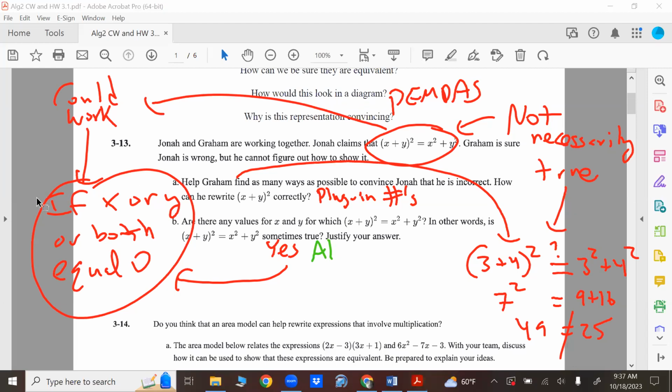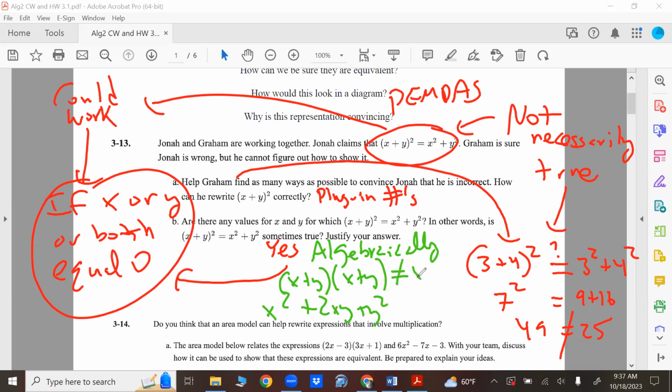Okay, here we go. Algebraically, you have to do x plus y times x plus y, which winds up becoming this, which does not equal x squared plus y squared. So that's really what's happening. If you FOIL x plus y, you get an expression that's different than this.